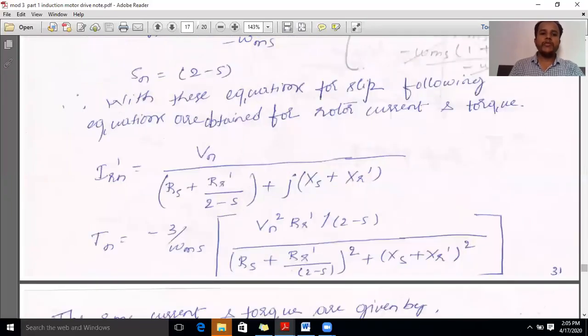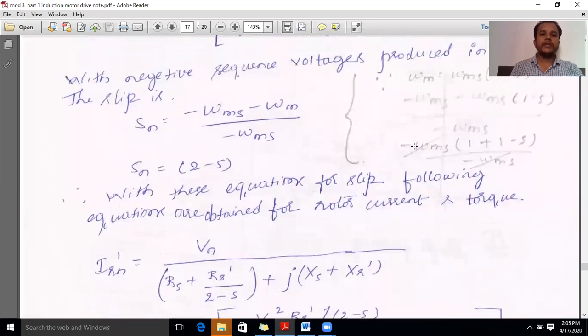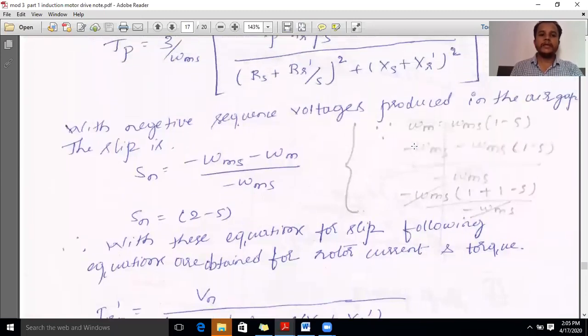Now go for the negative sequence component. In order to have the negative sequence component, let us go for the slip.